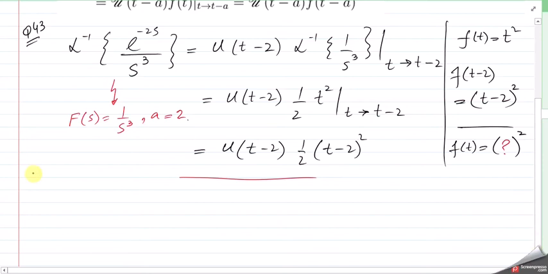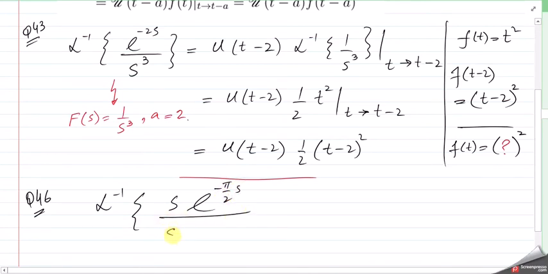How about question 46, which says Laplace inverse of s e raised to power minus pi by 2s over s square plus 4.